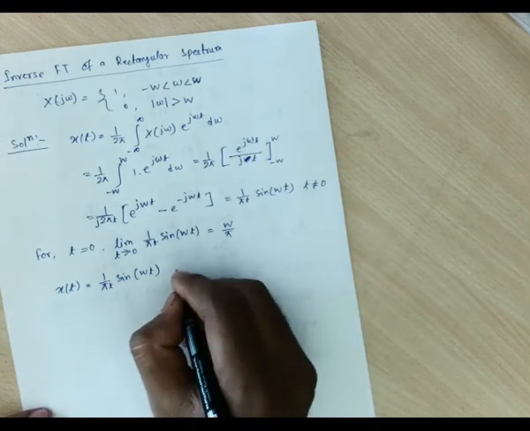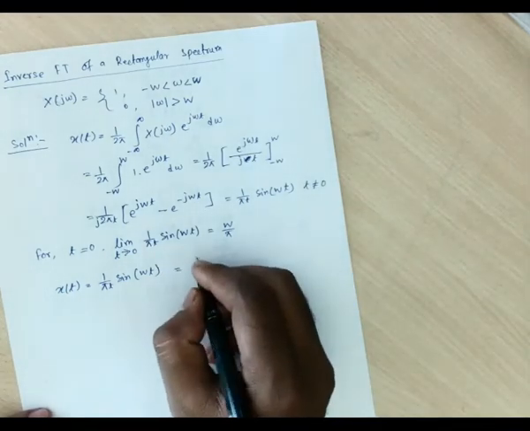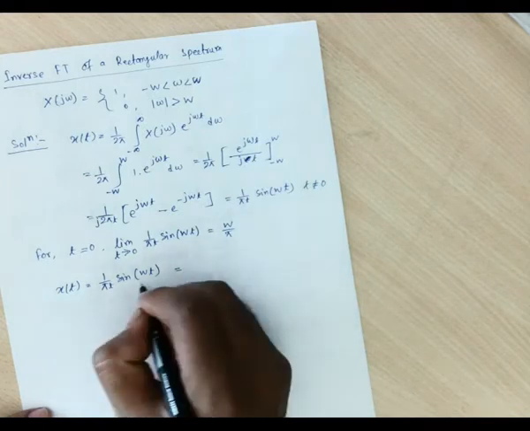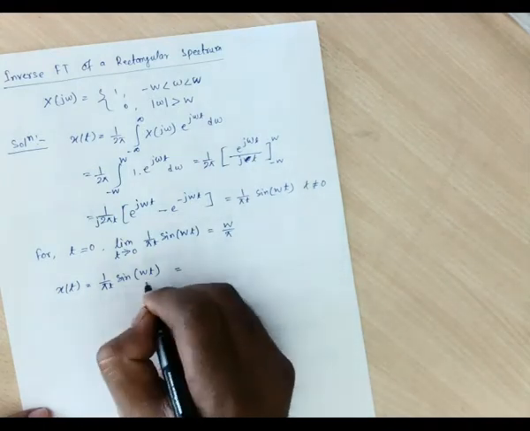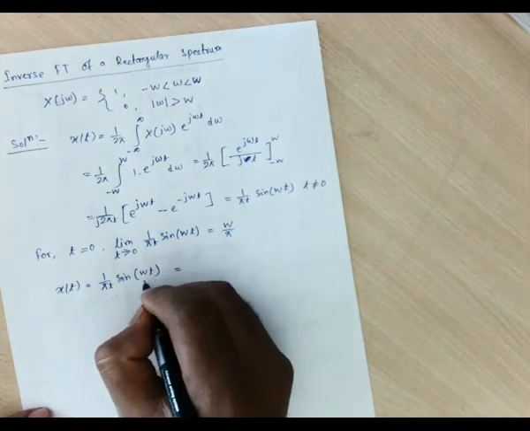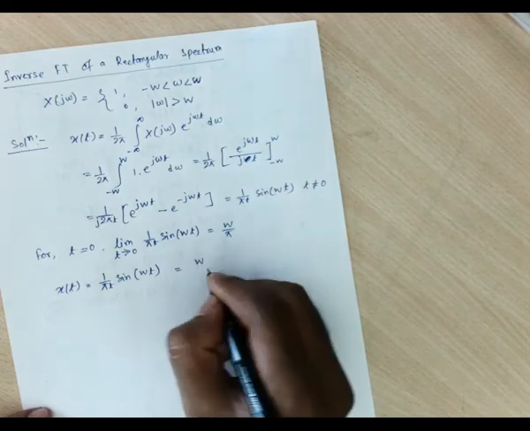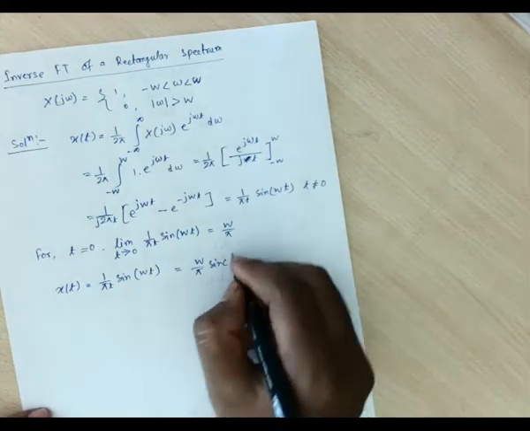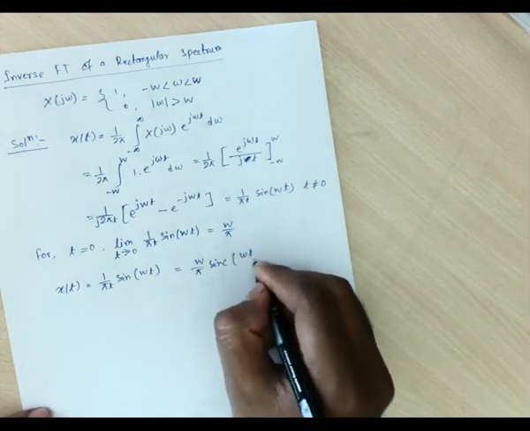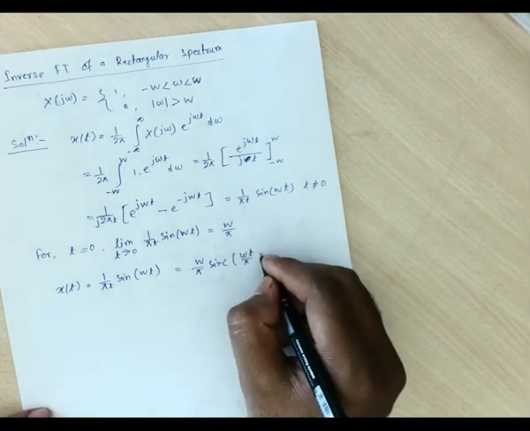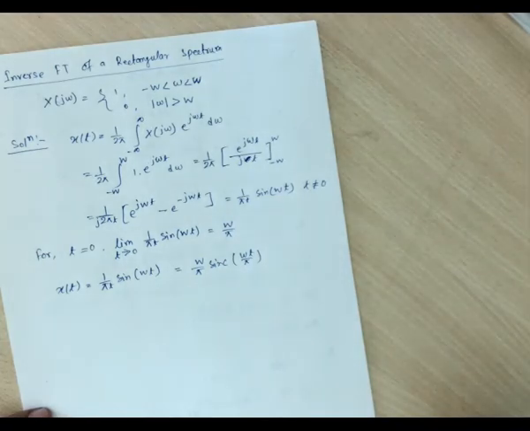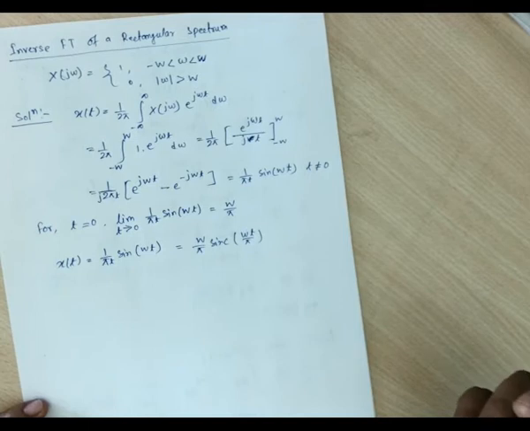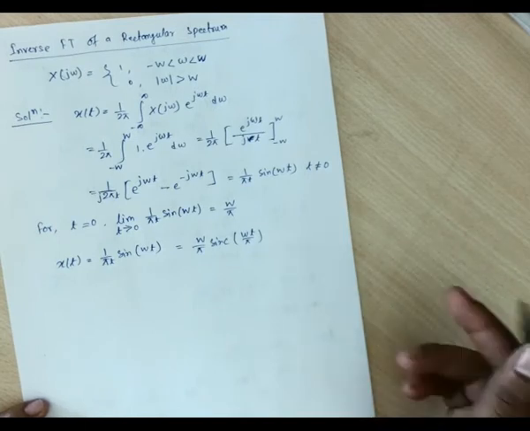Or we can also write this as a sinc function: W by pi sinc of Wt by pi. Okay, clear?